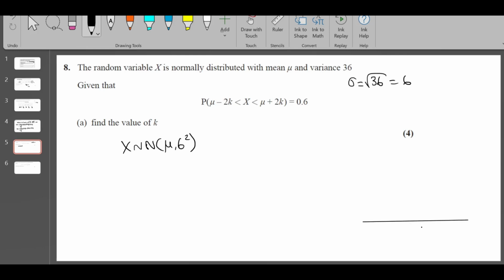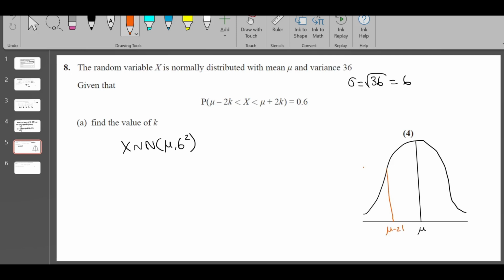Okay. If you take the bell curve, there are several ways you can do it actually. You have mu here. Let's say mu minus 2k is here and mu plus 2k is here. The question says the area between these 2 points is 0.6.